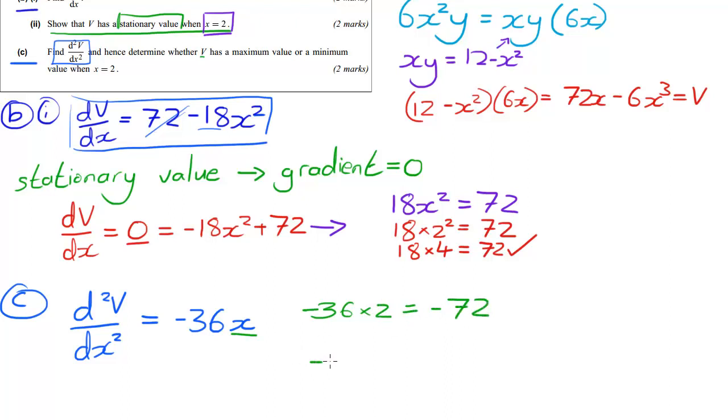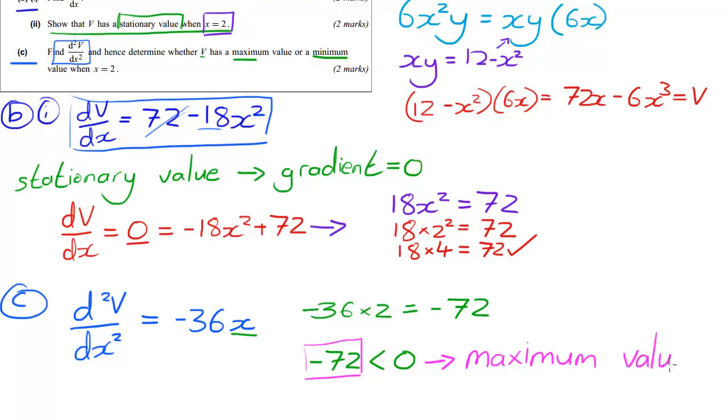Now, may sound obvious, minus 72 is less than 0. This is how we determine whether it's a maximum or a minimum, and it's kind of counterintuitive here. What you've got to remember, if this number is less than 0, then it is a maximum value. You'd expect it to be the other way around.